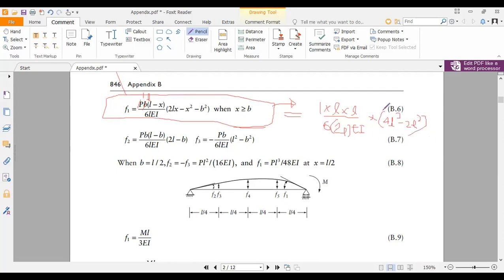So you ended up with this 2, right? Yes, it is 2. And here it is 4L squared, it is 2, L is getting cancelled, 2 is there, so probably L to the power 3 over 6E, right?